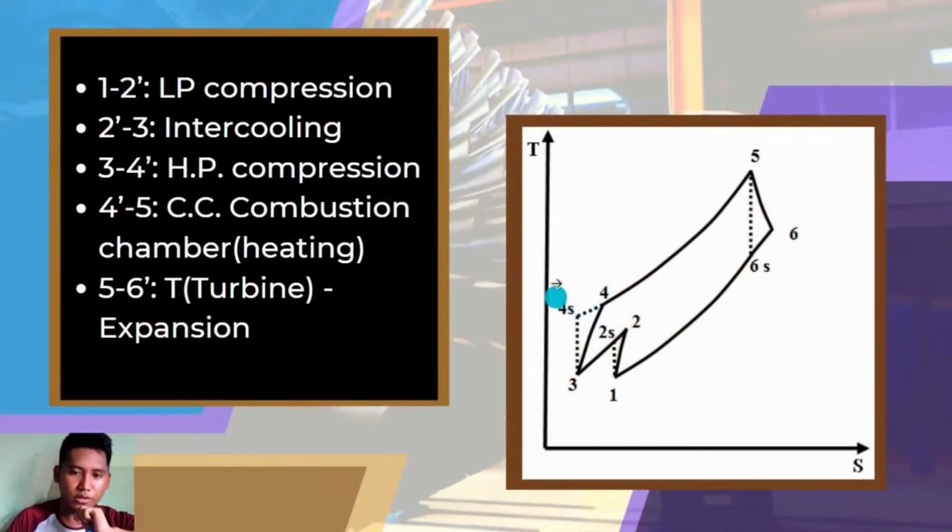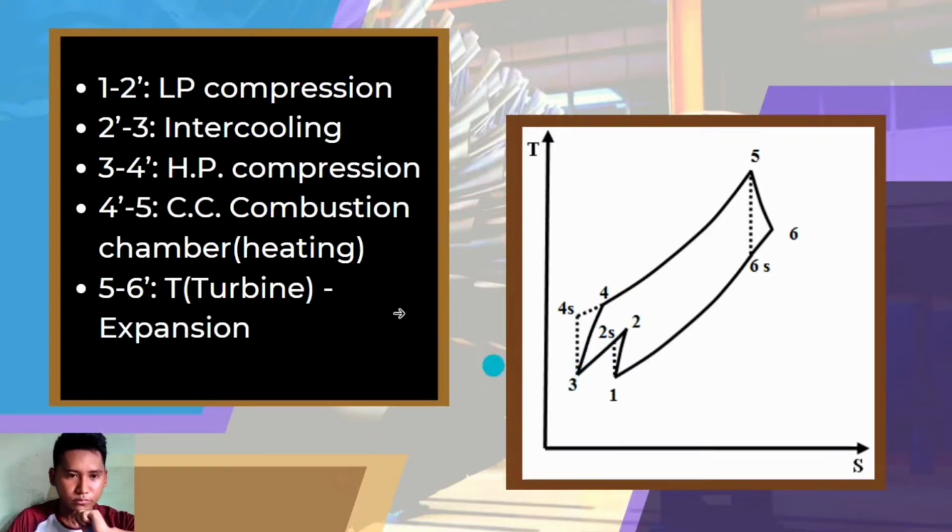Here is the TS diagram of the intercooling. Process 1-2 is an adiabatic compression from our low pressure compressor. Then once it passes through the intercooling, its temperature goes down, and at the same time its entropy goes down because it releases heat.